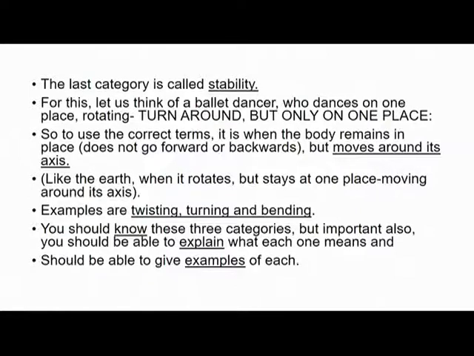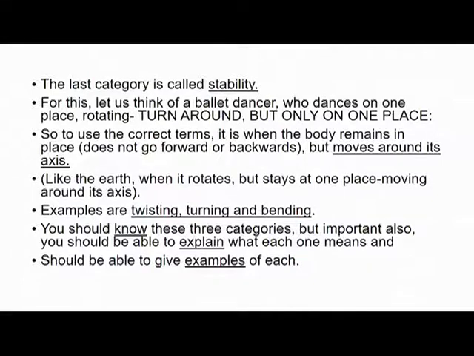The last category is called stability. For this, let us think of a ballet dancer who dances on one place, rotating. He turns around, but only on one place. So to use the correct terms, it is when the body remains in place, does not go forward or backwards, but moves around its axis, like the earth when it rotates, but stays at one place, moving around its axis.